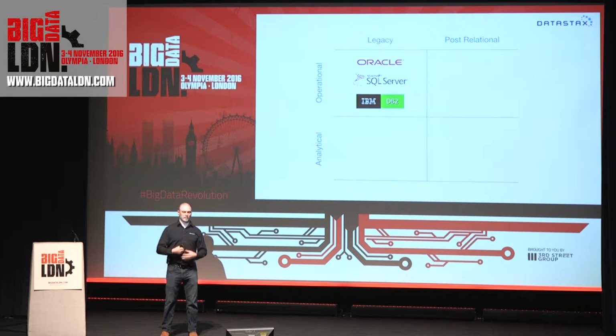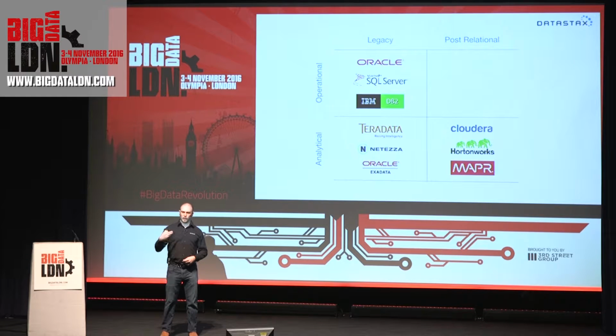In the operational category, you have Oracle and SQL Server. In the analytical category, you have Netezza and Teradata, and then moving around counterclockwise, you have Cloudera, Hortonworks, MapR in the analytical big data category, and Cassandra, MongoDB in the operational big data category.